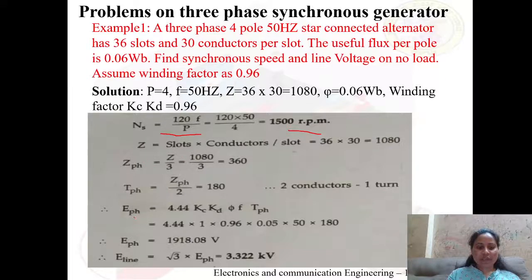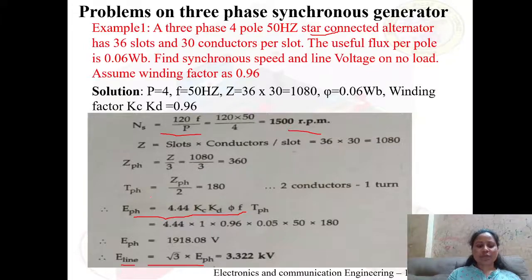Let us use this expression for EMF to find the phase voltage first and then the line voltage. Since the windings are connected in star, we know that E line is √3 times the phase voltage, that is EL is √3 times E phase.